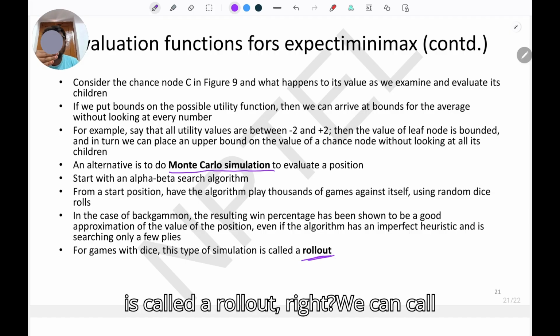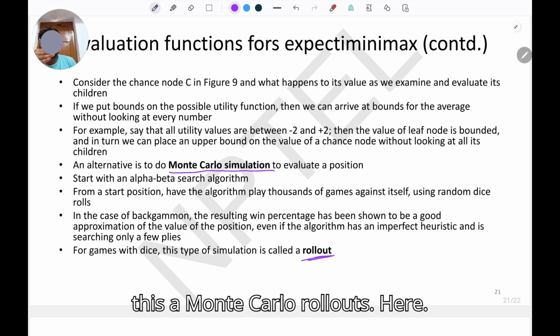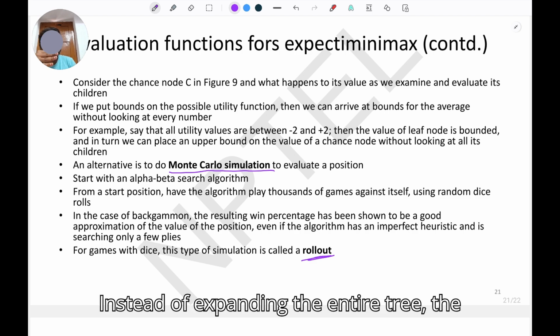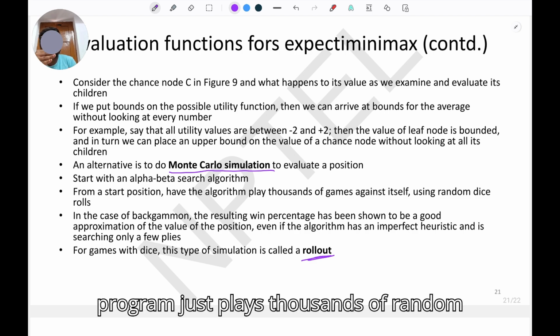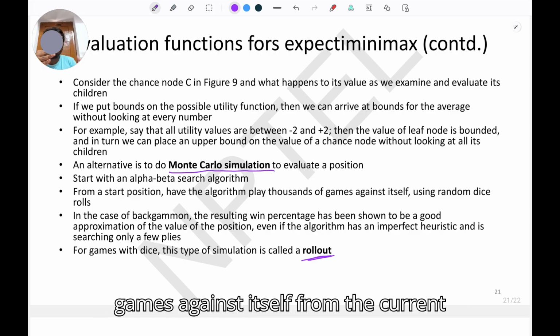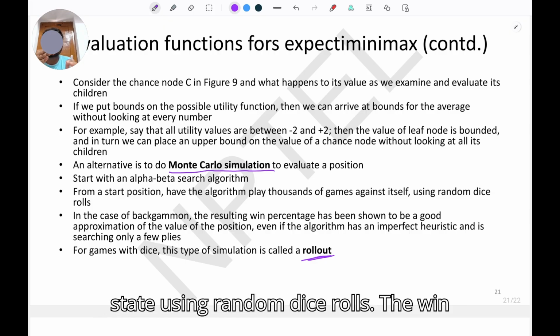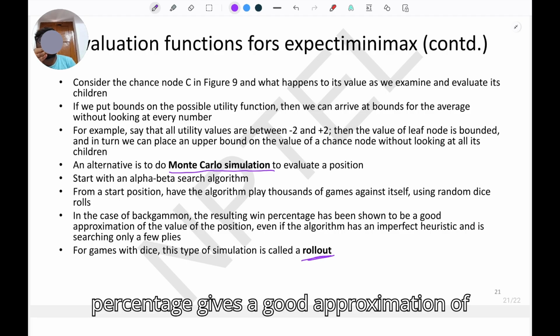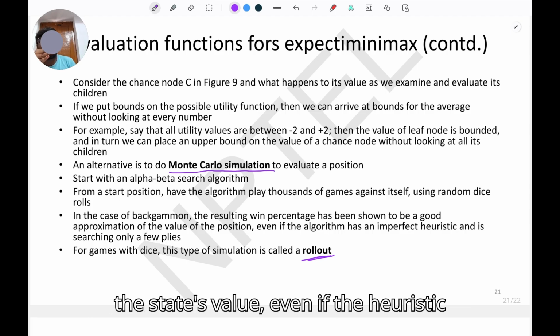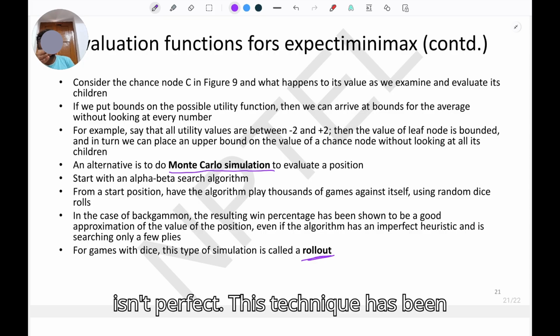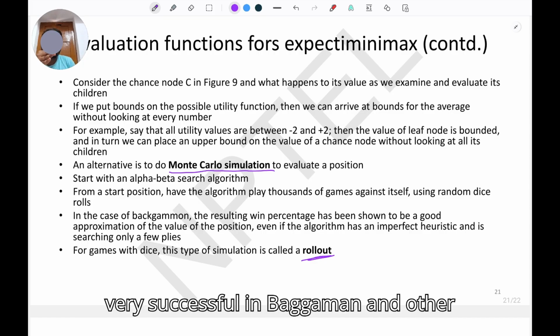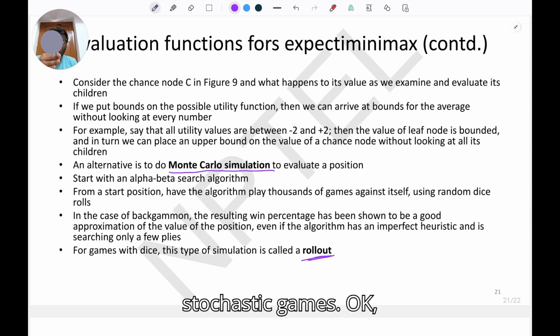Here, instead of expanding the entire tree, the program just plays thousands of random games against itself from the current state using random dice rolls. The win percentage gives a good approximation of the state's value. Even if the heuristic isn't perfect, this technique has been very successful in backgammon and other stochastic games.